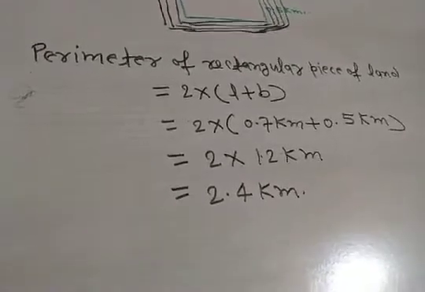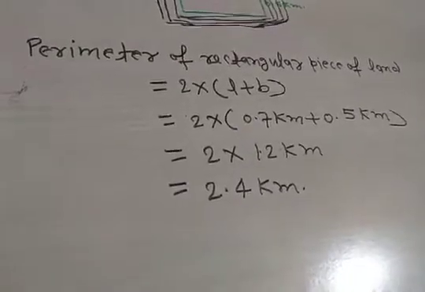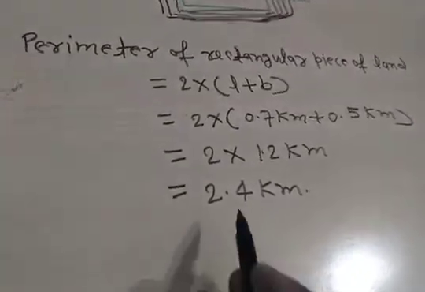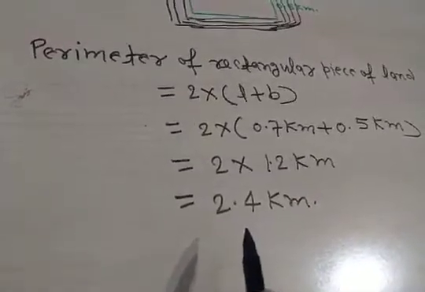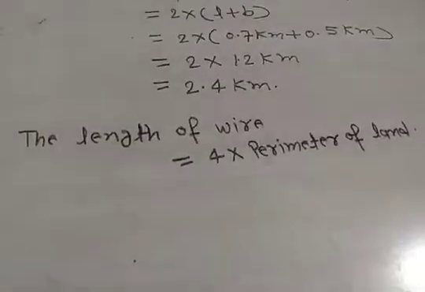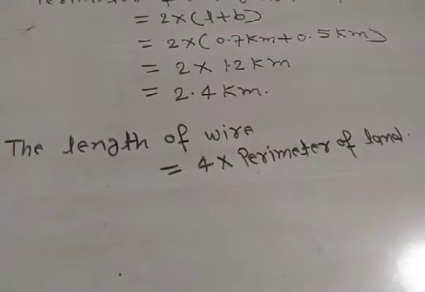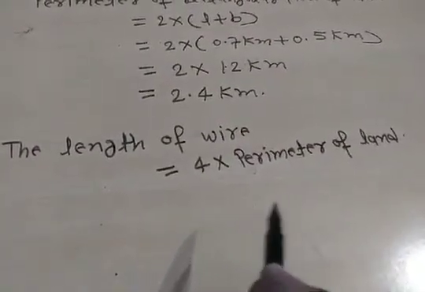Now we fence it by wire in 4 rows. So if we multiply this perimeter by 4, we obtain the length of wire needed. The length of wire is equal to 4 into the perimeter of land, meaning the perimeter of the rectangular piece of land.